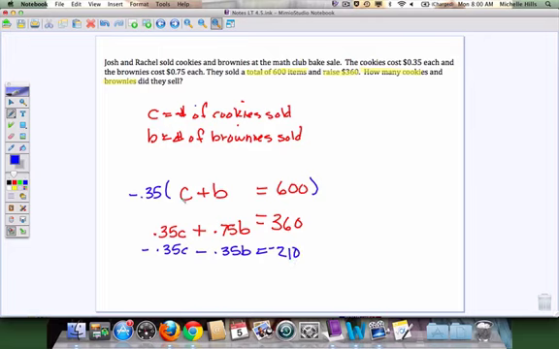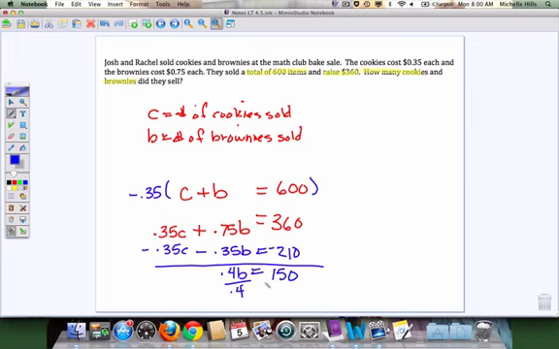Again, I'm just multiplying everything in this first equation by negative 0.35. When I combine these two equations together, the C's are eliminated. I end up with 0.4B equals positive 150, 360 minus 210, or 360 plus a negative 210.